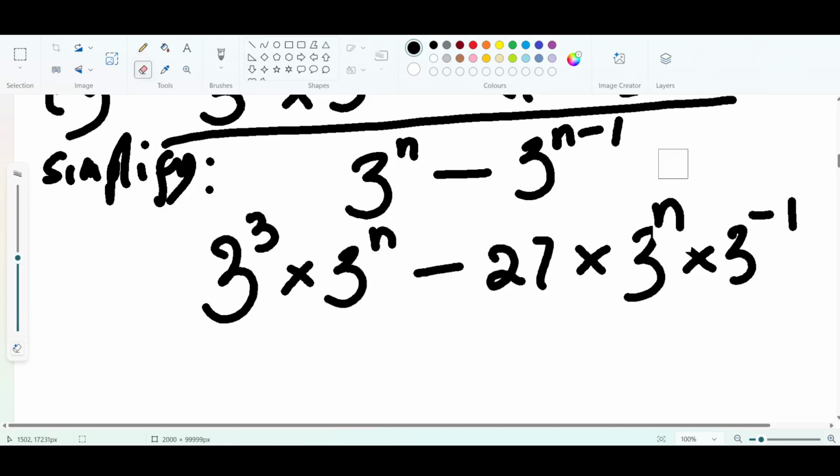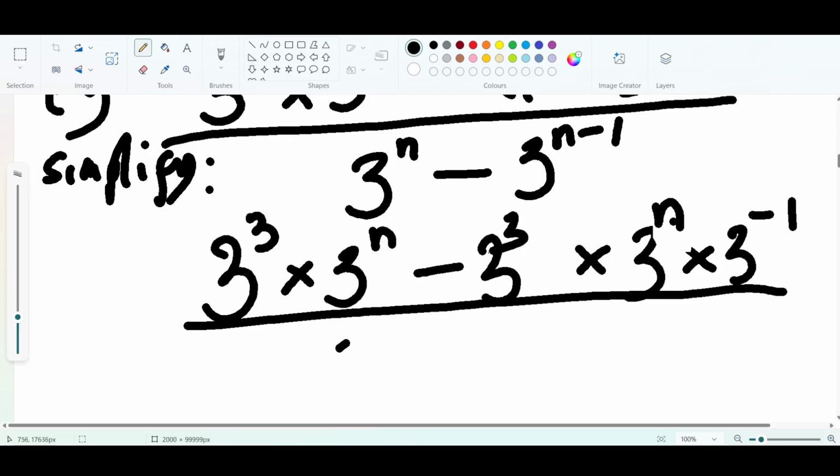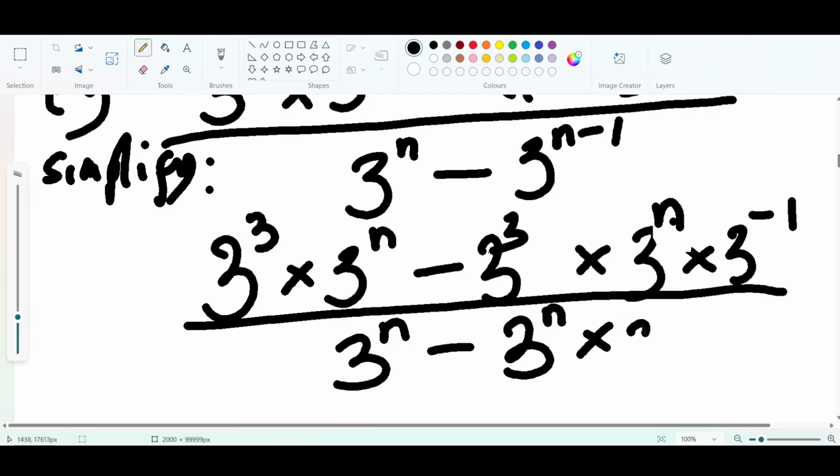And this 27 can be written as 3 raised to power 3. 3 times 3, 9, 9 times 3, 27, right? So this is going to be divided by 3 raised to power n minus 3 raised to power n times 3 raised to power minus 1.